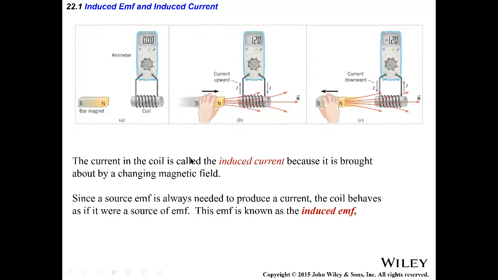They call this phenomenon, the fact that you are now able to induce a current, electromotive induction, right? Namely, I had no current, now I just stick in the magnet, namely the magnetic field now going through the coil has now increased.